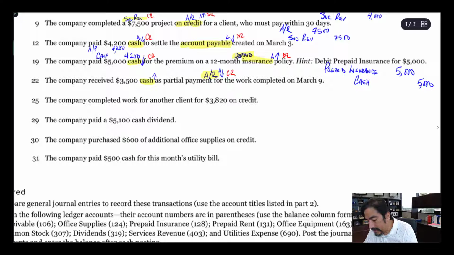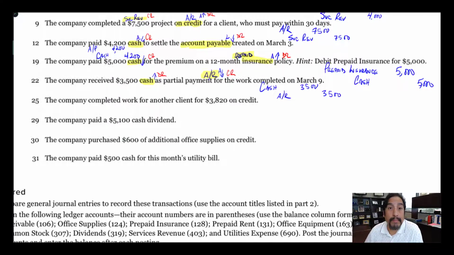To increase cash, we debit it. So our journal entry is going to be a debit to cash for the $3,500 and a credit to accounts receivable for $3,500.